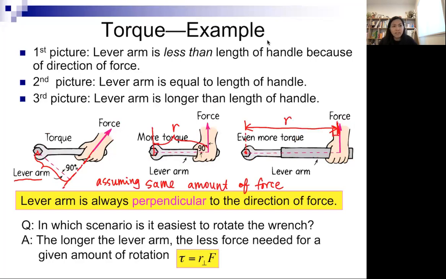Whenever we're talking about torque, it's really important that you're able to find the lever arm, because that influences how much torque the object experiences.